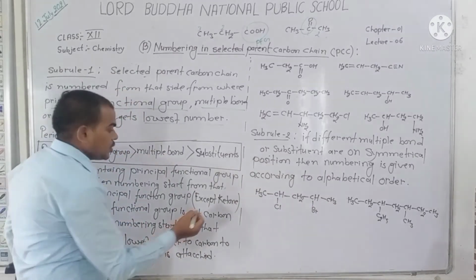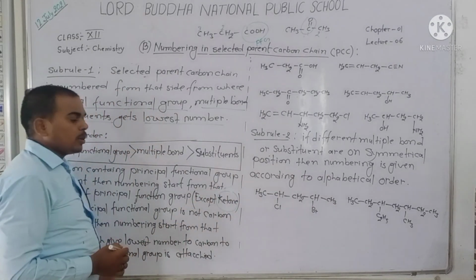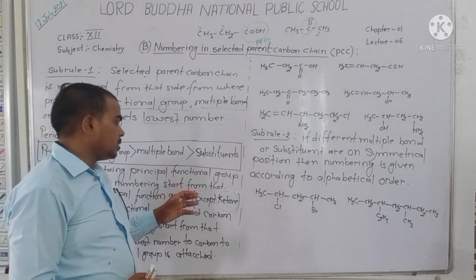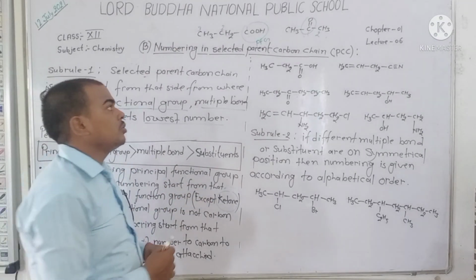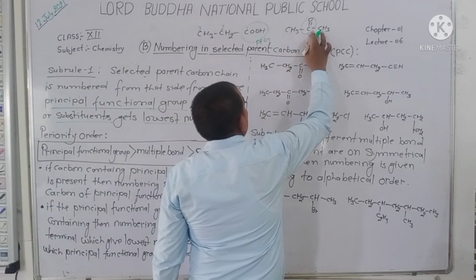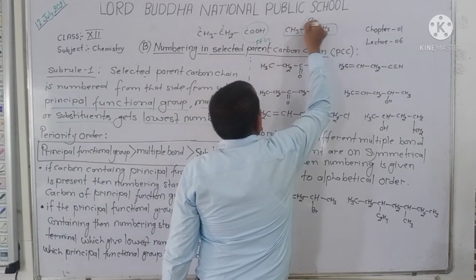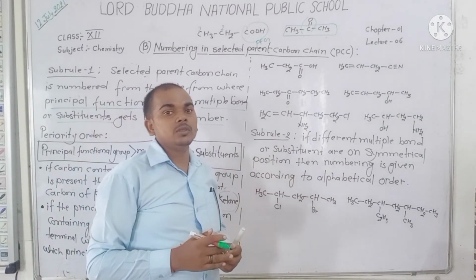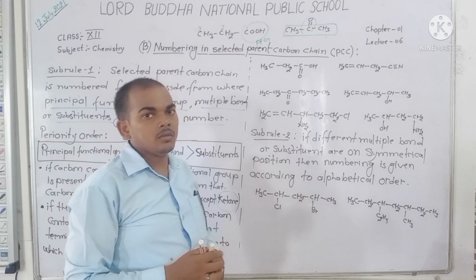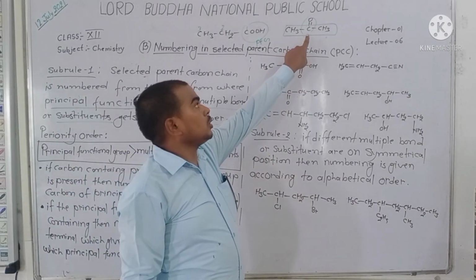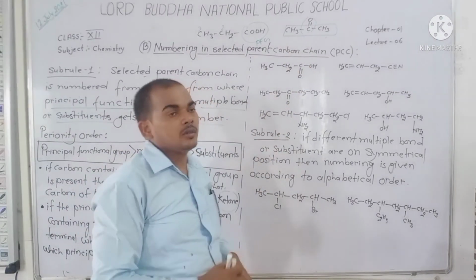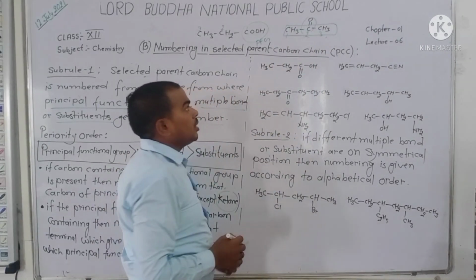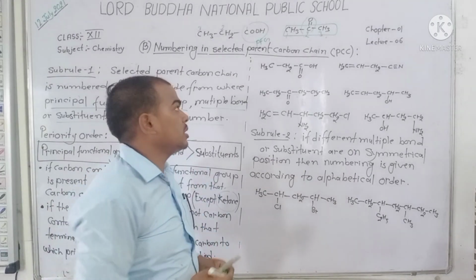Only for ketone, you remember always, in ketone carbons are not counted from the functional group. You select a parent chain and count the carbons from where the functional group gets the lowest position: 1, 2, 3. Here the ketone is present at the second position.